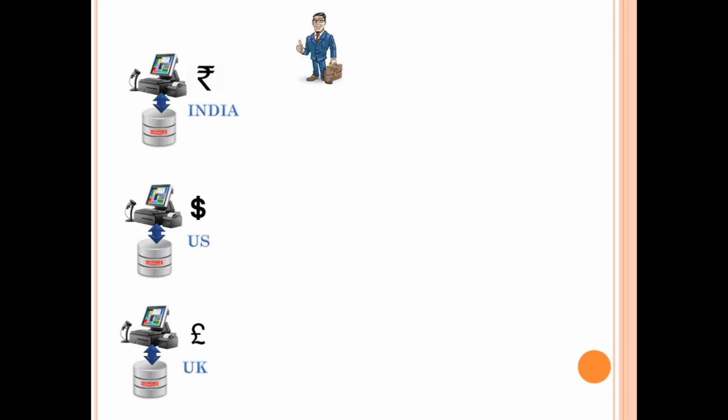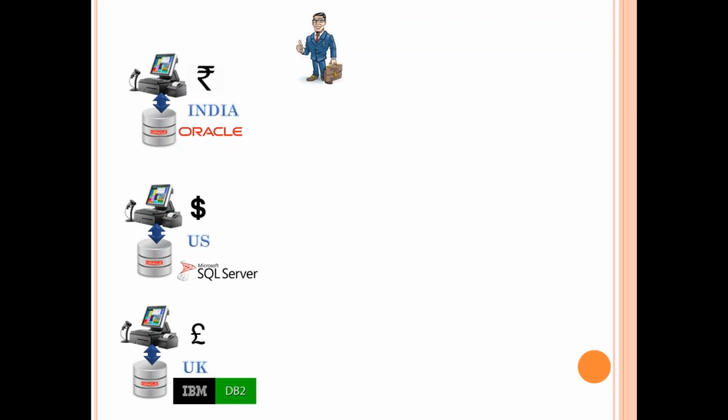Based on resource availability, cost of the license, and the amount of transactions done in a day, people will use different databases in different countries. In this example, in India they use Oracle, in US they use SQL Server, and in UK they use a DB2 database to maintain the transactions.